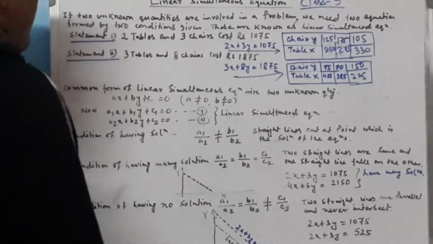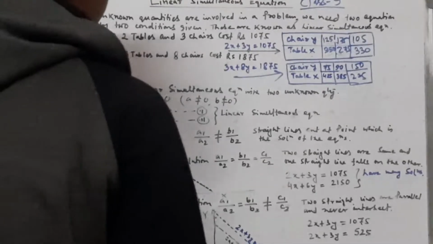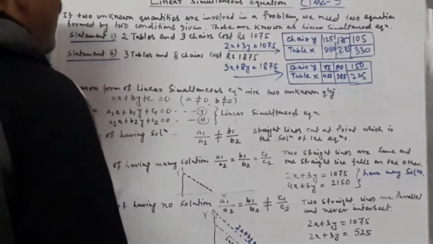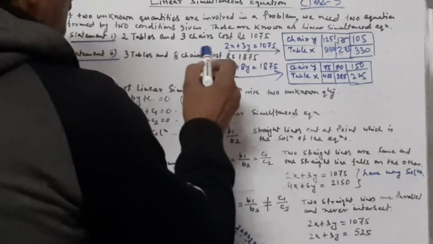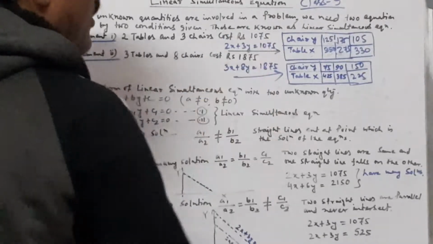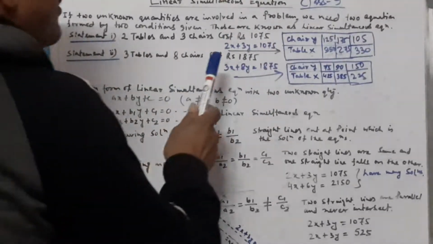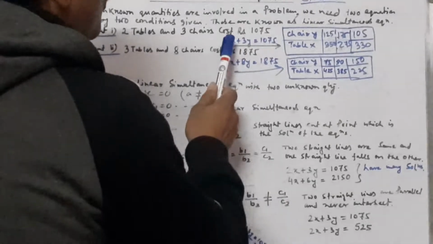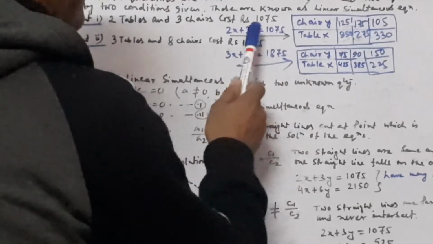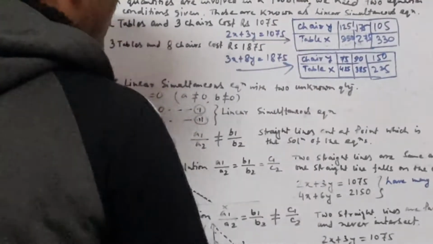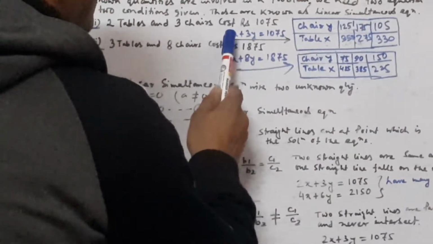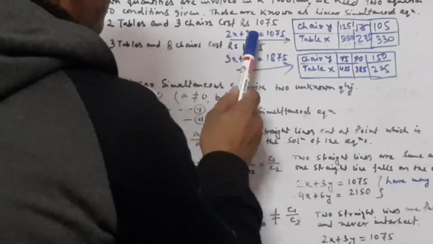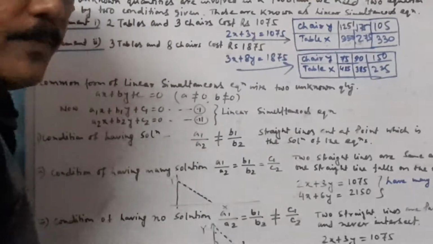Suppose two statements have been given like this: two tables and three chairs cost rupees 1075. If we assume the cost of one table is x and the cost of one chair is y, then as per condition 1, 2x plus 3y equal to 1075.